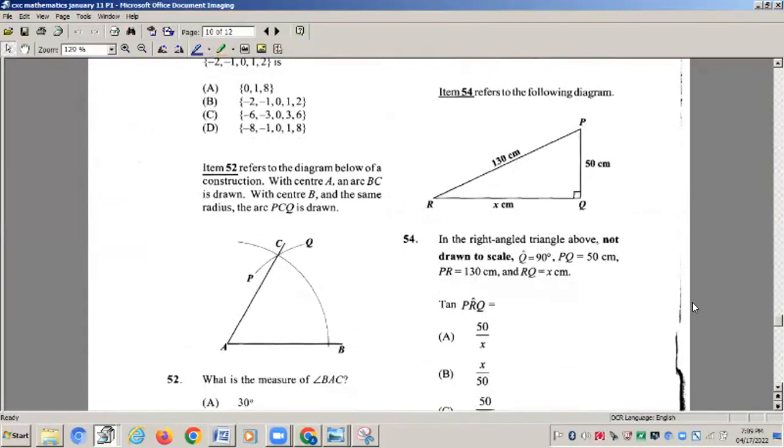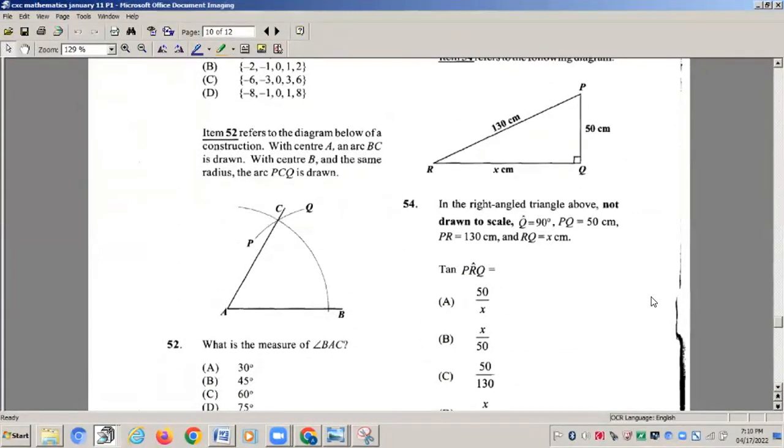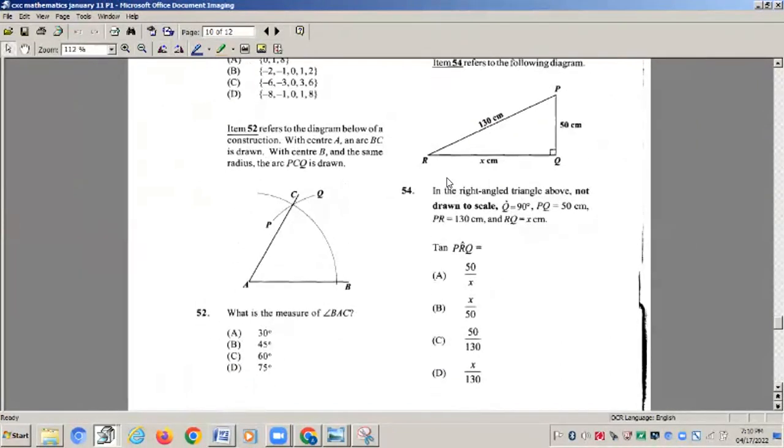All right, let me see if we can figure out 54. Look at 54 and see if we can figure it out. This question here.